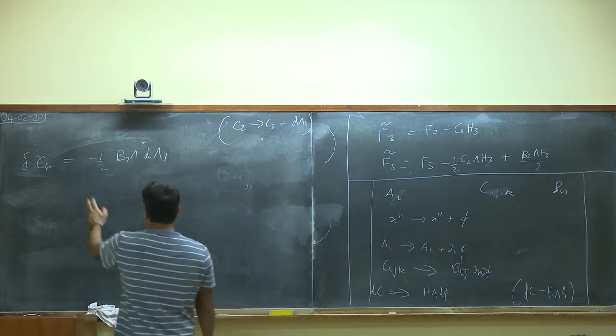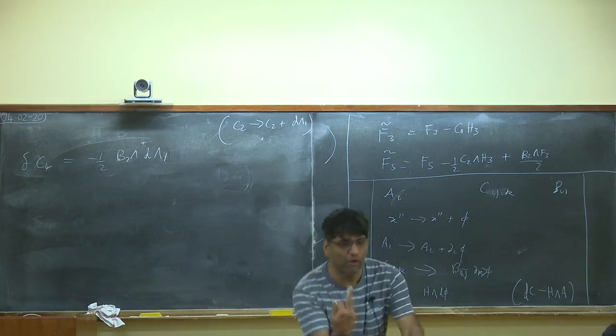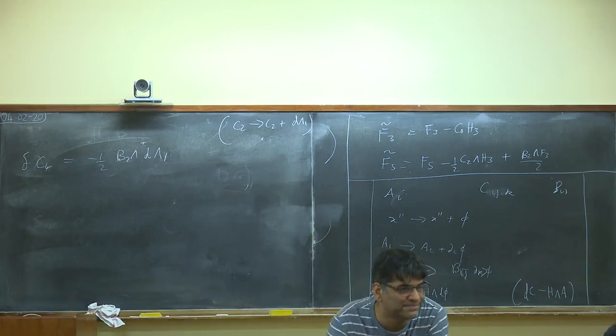So C4 is charged under the Ramond-Ramond two-form gauge symmetry, which has a one-form parameter.